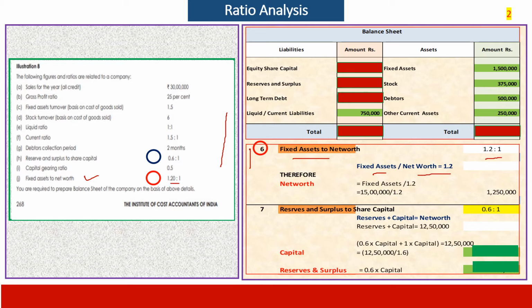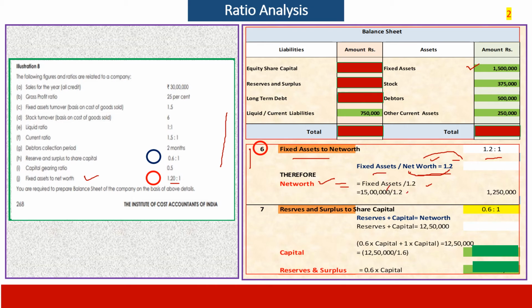This is the equation. We already know the fixed assets. Now we need to derive the net worth. If you want to have the net worth, shift net worth on the other side and 1.2 on this side. Means net worth equals fixed assets divided by 1.2. We know fixed assets 15 lakhs divided by 1.2.